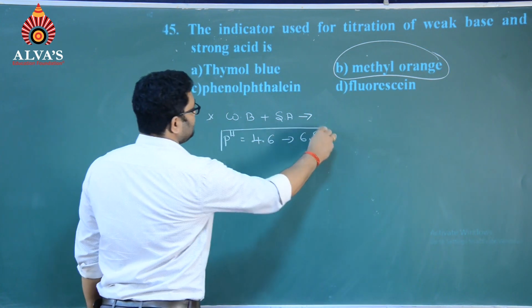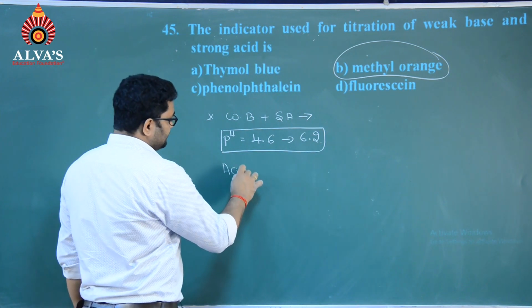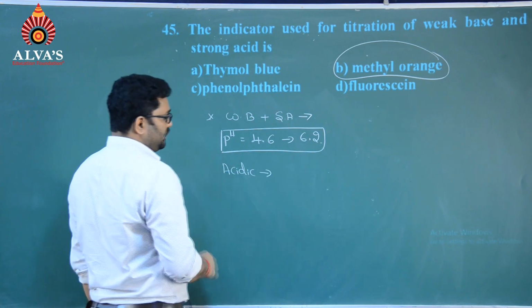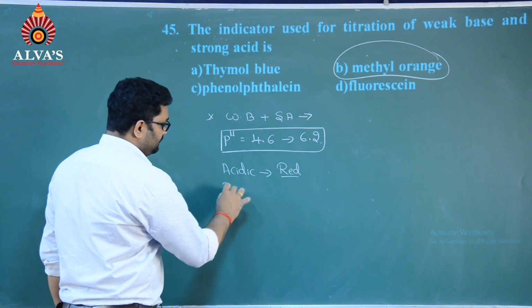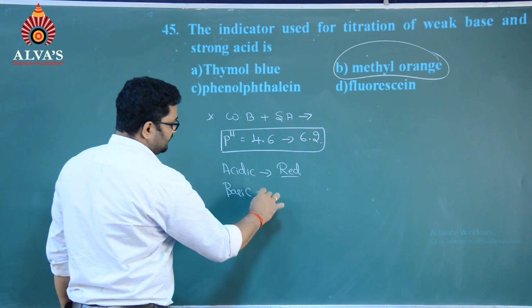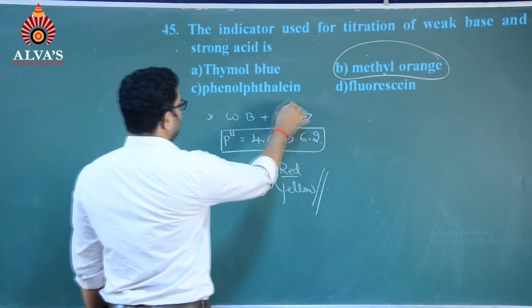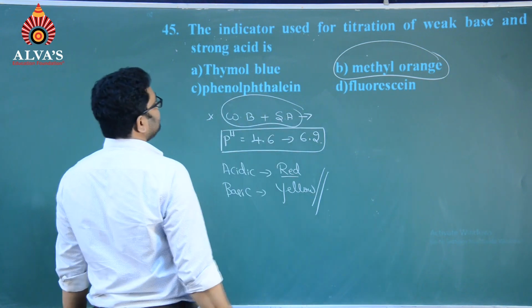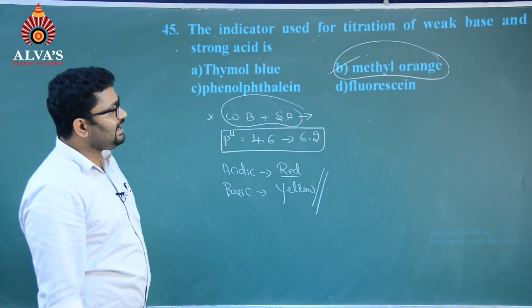This is the pH range for methyl orange. In acidic condition it will give you red color, and in basic condition it will give you yellow color. Therefore, for a weak base and strong acid, the indicator used during the titration is methyl orange.